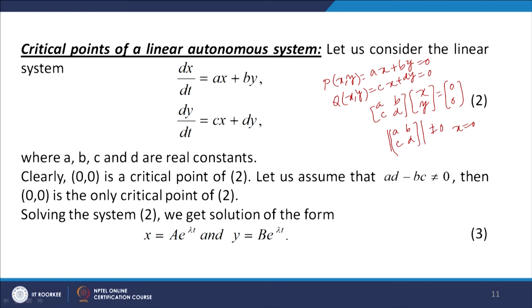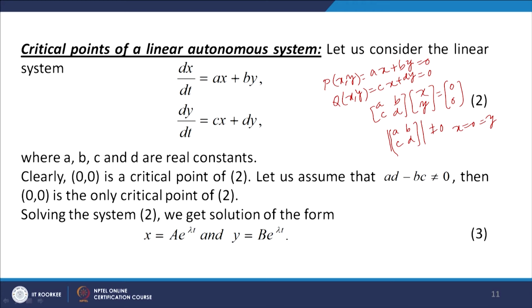So, x equal to 0 and y equal to 0, and therefore 0 0 will be the only solution of P(x,y) equal to 0 and Q(x,y) equal to 0, if we assume the condition ad minus bc not equal to 0. So, 0 0 is the only critical point of this system 2.